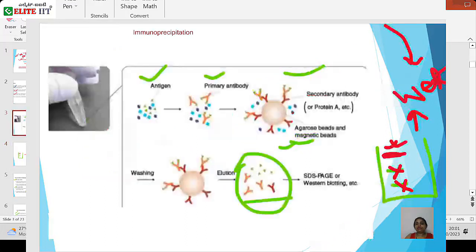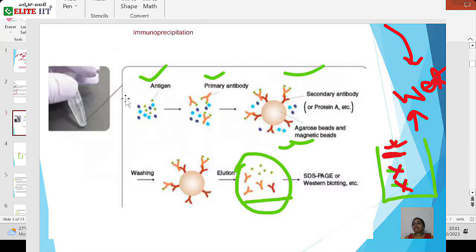In this way, immunoblotting and immunoprecipitation are done. Initially, in the mixture, you add antibody, and that antibody is the primary antibody. Now add secondary antibody, which is attached to agarose beads or magnetic beads. Now you just wash it. What will happen?